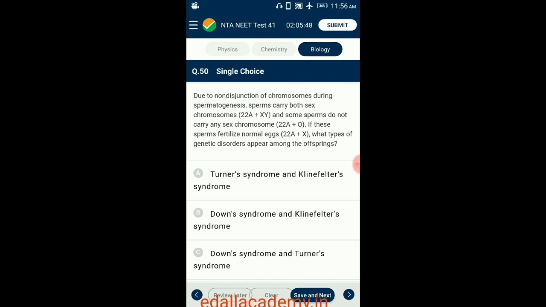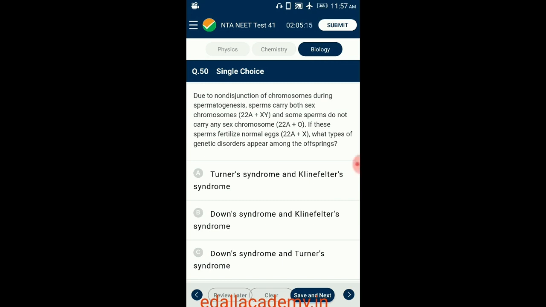Then the next one, Klinefelter syndrome, is due to trisomy of sex chromosomes, that is X chromosomes. It is formed by the union of an abnormal double X egg and a normal Y sperm, or a normal X egg and an abnormal XY sperm. The individual has 47 chromosomes, 44 autosomes and 3 sex chromosomes.